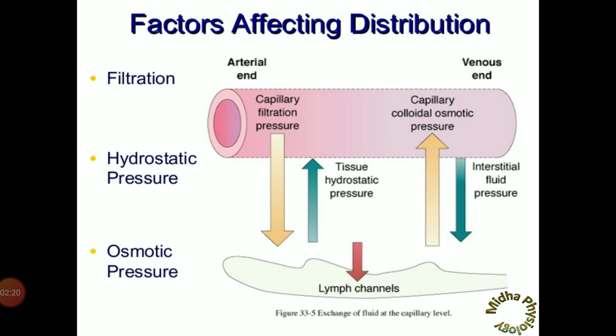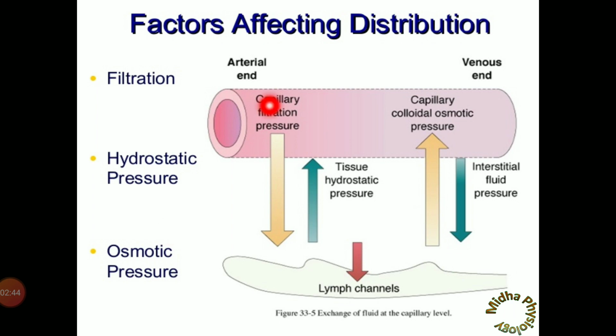Now, when the blood from the arterioles goes into the capillary, for filtration to occur into the tissue level, there are two different kinds of pressure involved. The factors affecting the filtration are the hydrostatic pressure and the osmotic pressure.